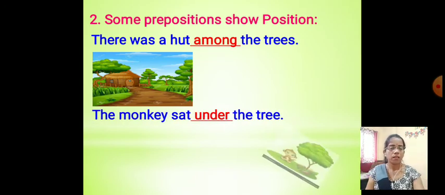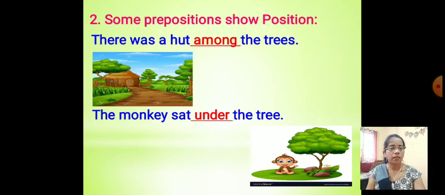Next one, the monkey sat under the tree. Now here under shows the position of the monkey. Where did the monkey sit? Under the tree. So here among and under, these prepositions show the position of the noun and pronoun.